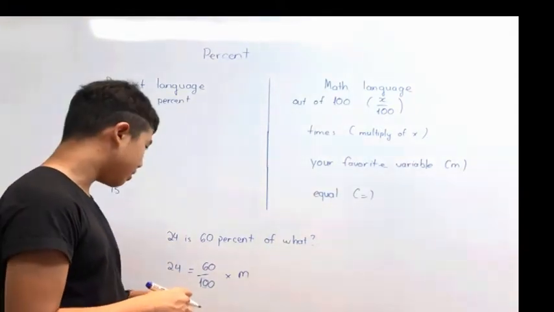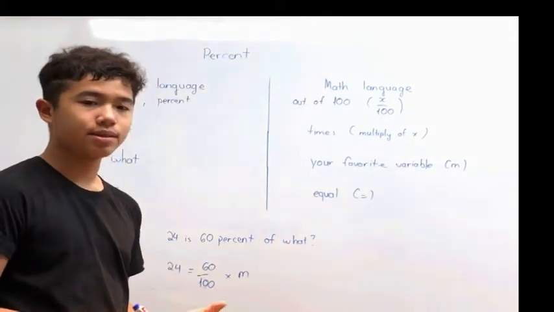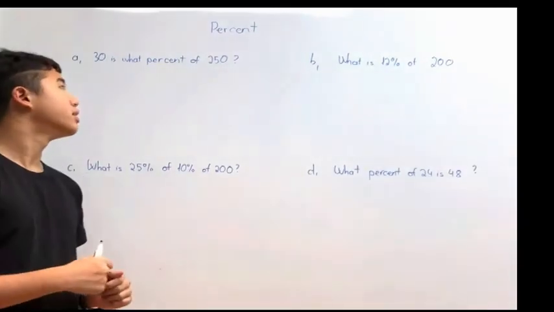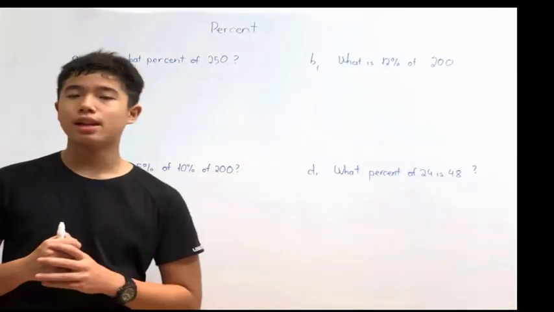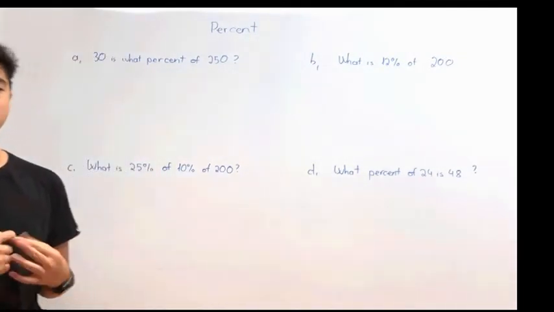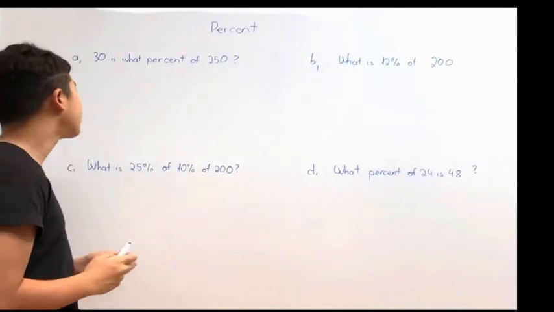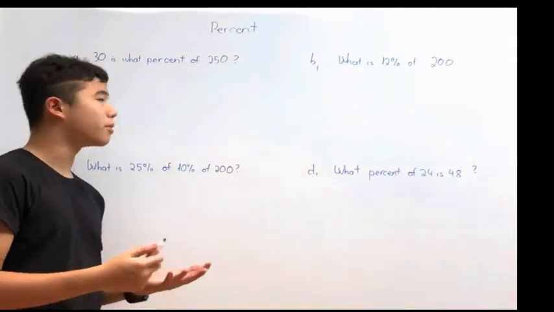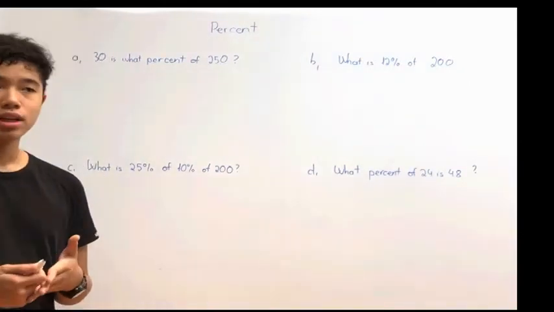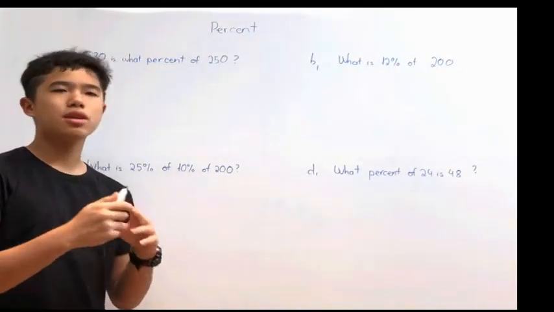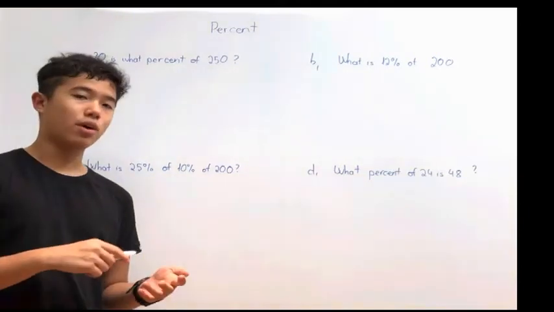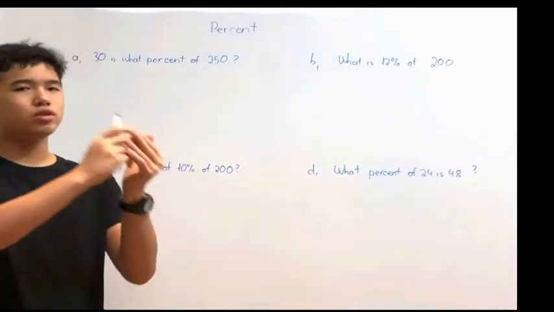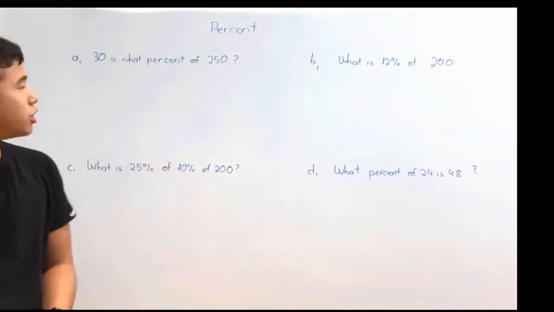If you understand this, let's move on to some exercises that could be on the SSAT exam. The first question, A, is 30 is what percent of 250? Let's imagine in your mind, or you can write it down on a sheet of paper, the percent language, and then transform it into math language.